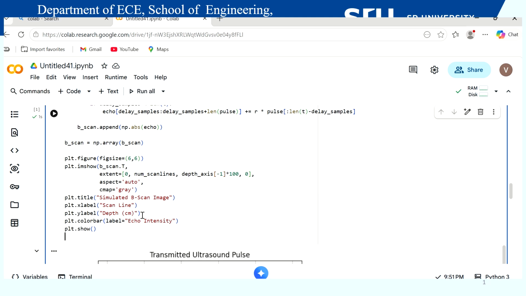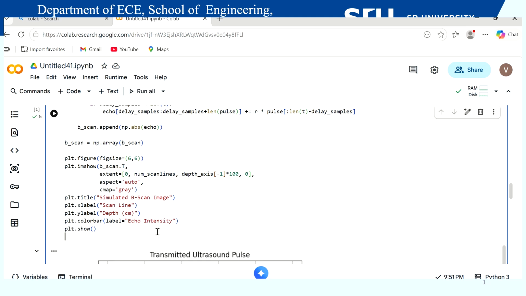So this code explains pulse generation, a short ultrasound burst, wave propagation using the speed of sound in tissue, the time of flight principle, depth calculation using echo delay, A-scan imaging, a one-dimensional echo representation, and then B-scan, a two-dimensional grayscale image.